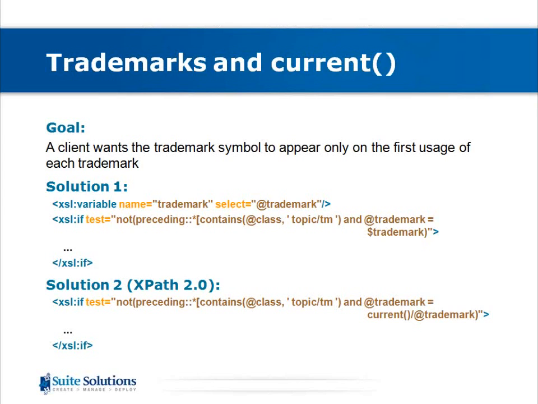How is that done? So here again, we'll look at two examples. The first example first gets the trademark attribute of this element. In order to compare this TM element to all previous elements, we need to compare their trademark attributes.